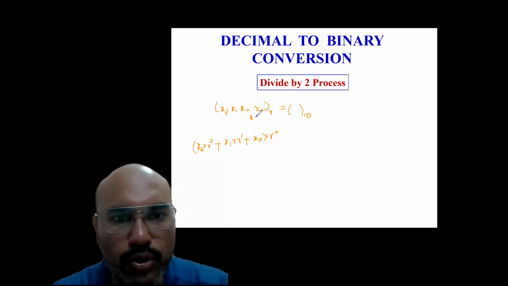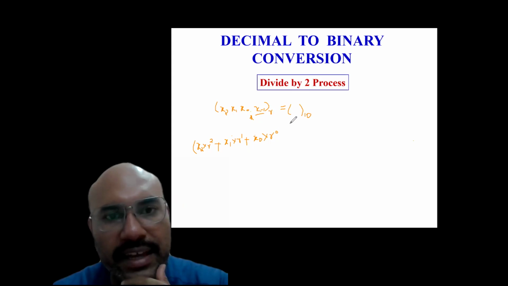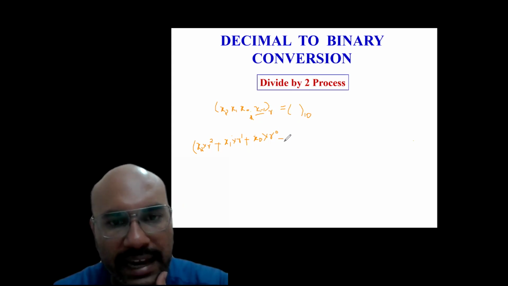Now it is also having x minus 1, so I will add this as well. I have to multiply this with r to the power of minus 1. So this is the proper formula. You can utilize this formula for all the calculations, and the resultant will be in decimal.